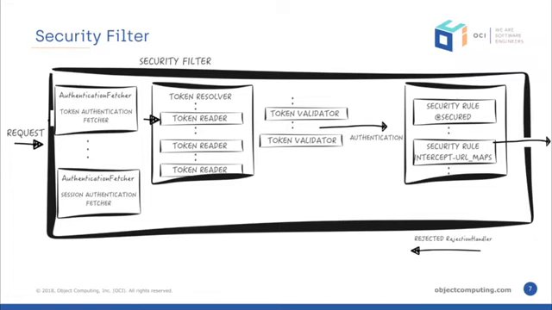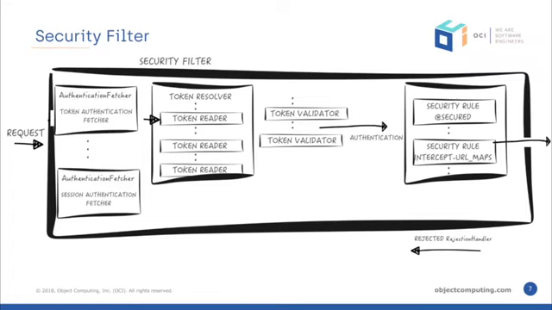So the token authentication feature, which is probably the one that you are going to deal with more often, the first thing that it does is call another bean called the token resolver, which attempts to read a token. So a token can be, if you are using basic auth, which we are going to see later, something like the user with a colon and the password, base64 encoded.